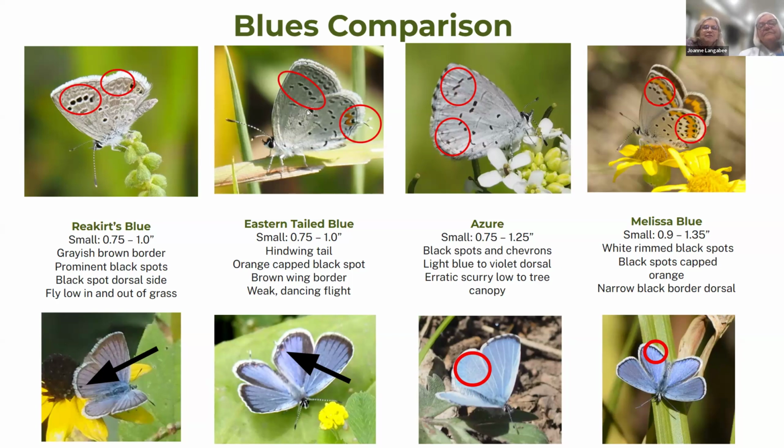The dots are different, and eastern tailed blue has a tail. So that's going to be your first clue, and the orange eye spots. Once again, if they open their wings for you, you'll see a darker but bright blue with a wider band around the wing border. And it should have kind of a brown look to it.